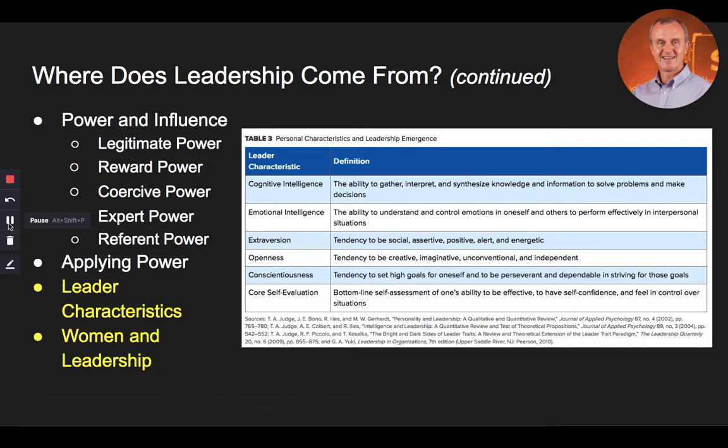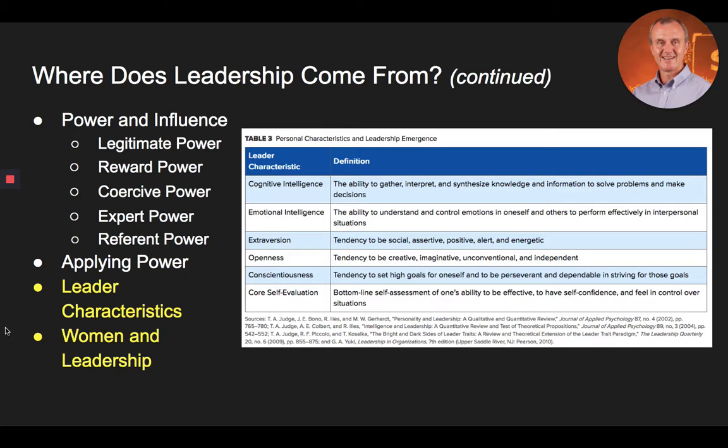Next, let's talk about leader characteristics. Because power provides a direct means of influencing others, the possession of power plays an influential role in determining whether an individual emerges as a leader. However, there are also reasons to believe that leader emergence is driven by certain leader characteristics, which refer to relatively stable abilities and tendencies to think, feel, and behave in certain ways.